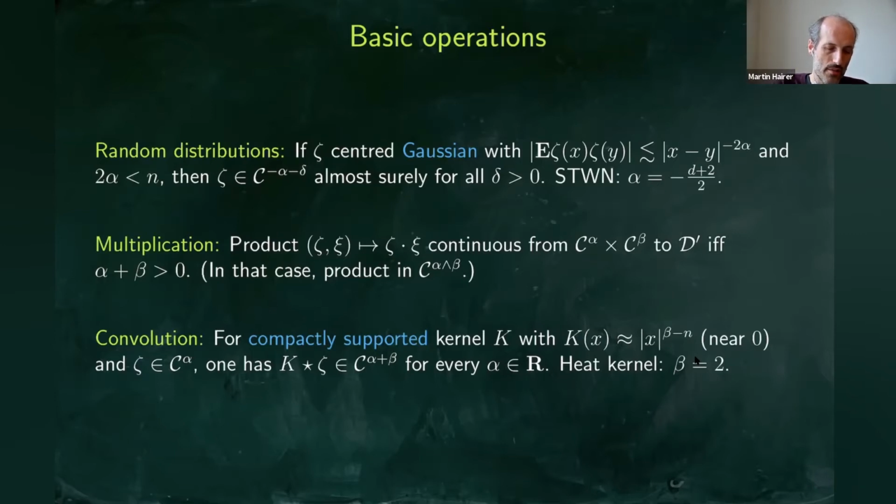And there is a famous result, usually called Schauder's theorem: if you are in dimension n, and the kernel has a singularity of order beta minus n, in the sense that K is bounded by x^(beta-n) for x small, and the derivative of K is bounded by x^(beta-n-1) and so on, so it behaves like that without any crazy oscillations, then the convolution with the kernel is always well defined for any distribution.